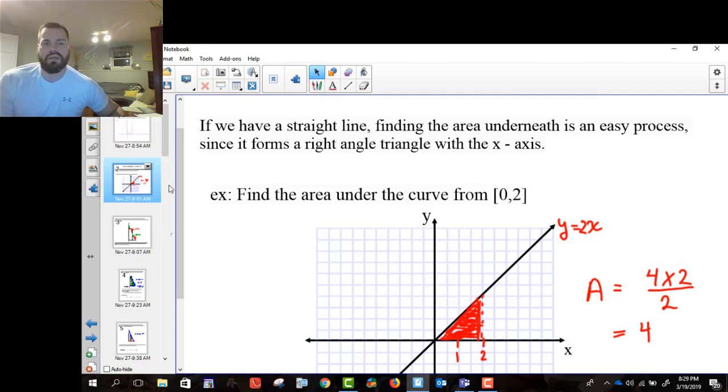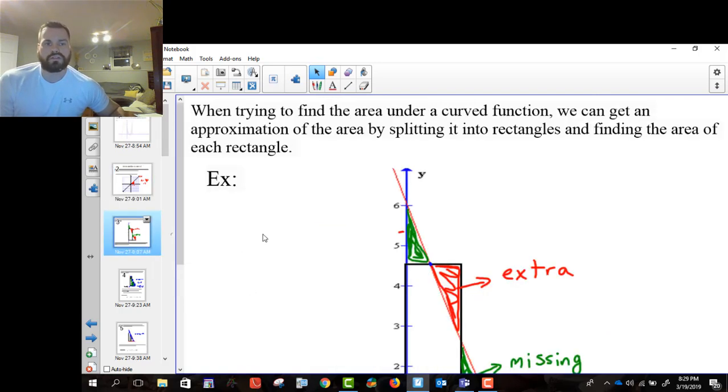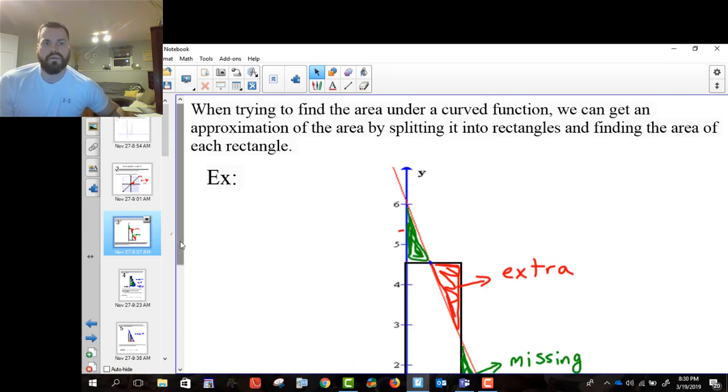So what we do is we take a shape that we do know, and we're going to use rectangles. There are other methods. There's a trapezoid rule, there's Simpson's rule, there's a few other ways to do this, but we're going to talk about what if I just stuck some rectangles underneath that curve and tried to find the area.